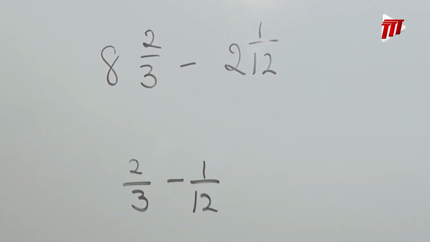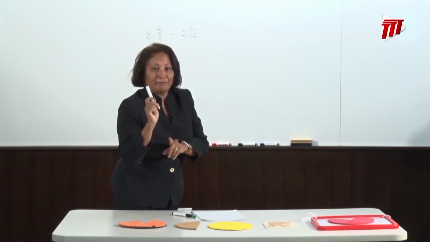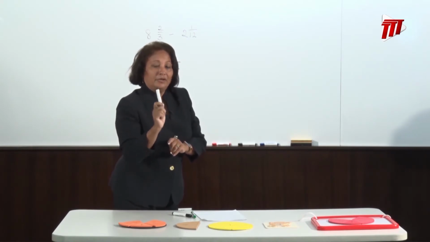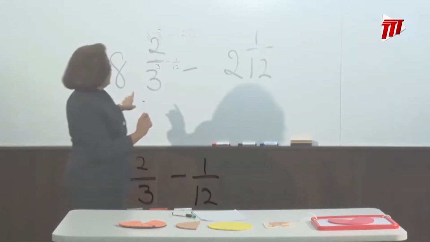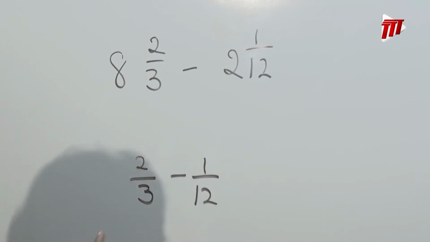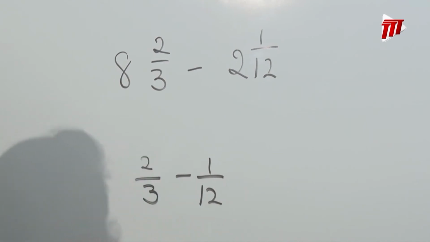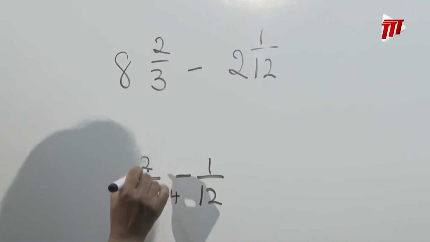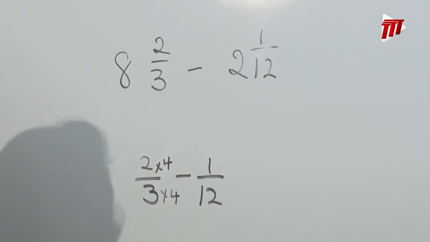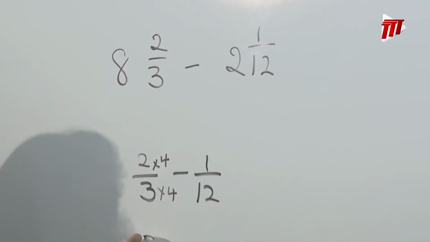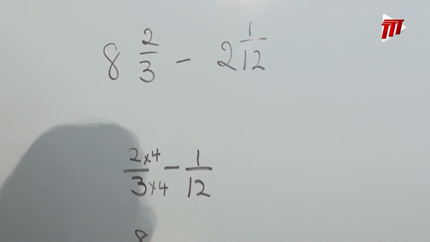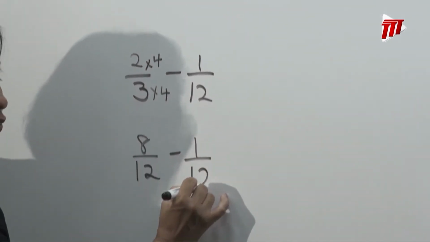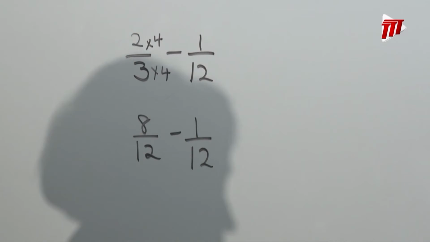What we're looking at, the denominators. Remember, that's the first thing you look at. Check to see if the denominators are the same. The denominators are not the same. So I could change this into 12ths by multiplying the denominator by 4, multiplying the numerator by 4. So it becomes 8/12 minus 1/12.